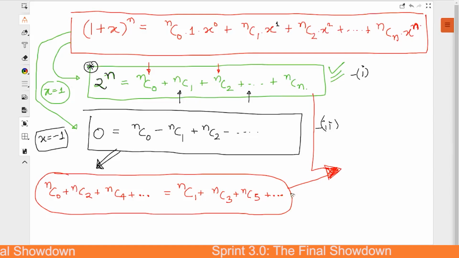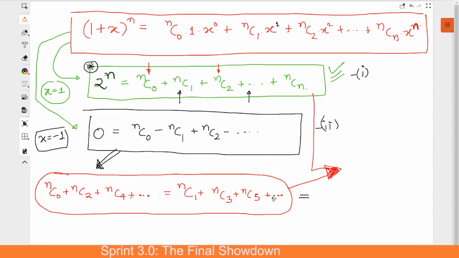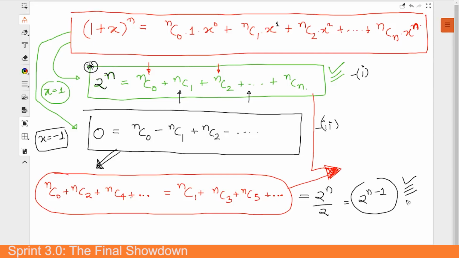So all even plus all odd is equal to 2 to the power n. So only even, which is half of these, and only odd, that is half of this, will be half of the whole. It will be 2 raised to power n by 2. It will be 2 raised to power n minus 1. Yes or no? Make sense?